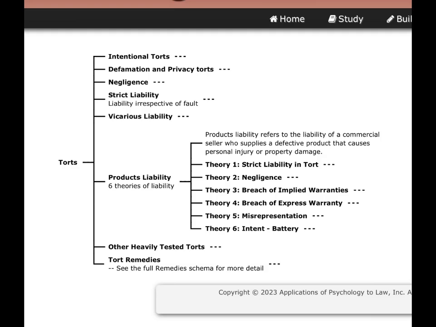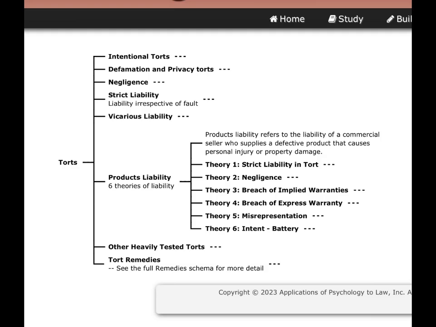All right, what about misrepresentation? Here I would tell the grader that this theory is probably not going to work because there's no evidence of intent to induce reliance on a material misrepresentation. They didn't know that it was unsafe. The same way with the intent theory. There was no intent to cause these consequences.